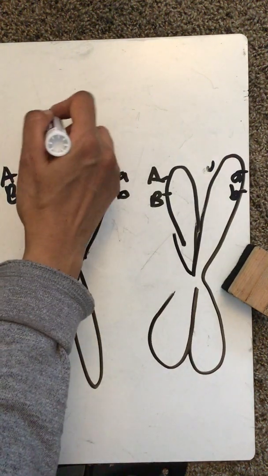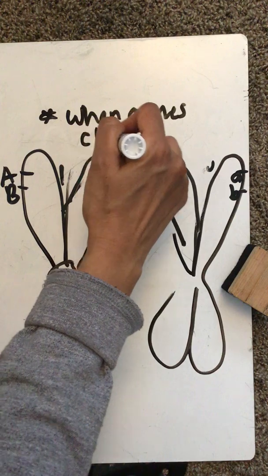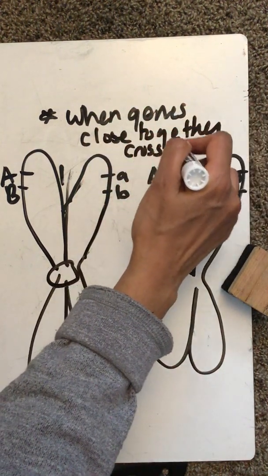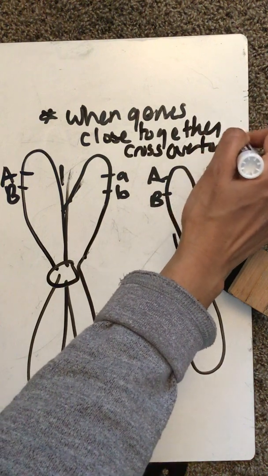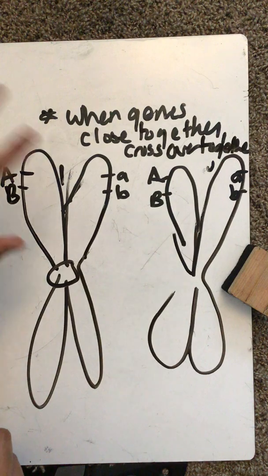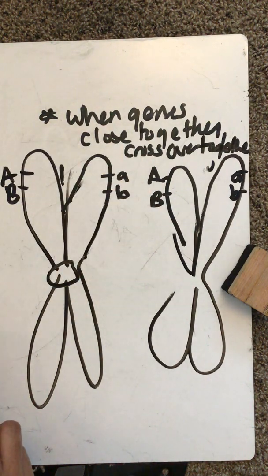So basically, when genes are close together, they cross over together.